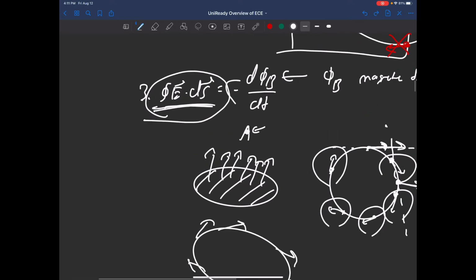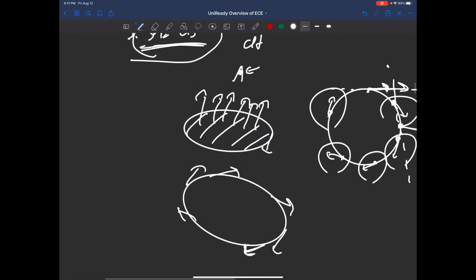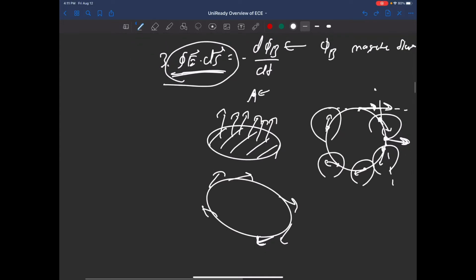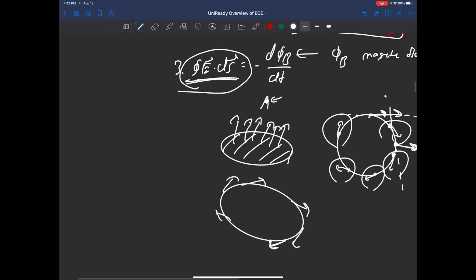You might notice the negative, but don't worry about it too much. That just has to do with the direction of the magnetic fields and how that relates to the direction of the electric fields. It gets a bit more confusing if you get into that, because you then have to define things with the right hand rule and stuff like that.